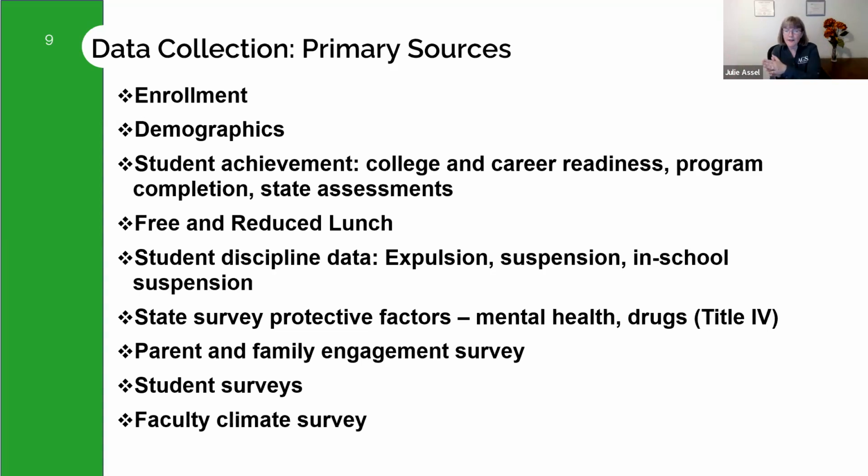which is one of the reasons it's so important to talk about data now, because if you have a grant that's coming out in April and you're looking at it then, to a certain degree, that's almost too late because you're busy with testing and the end of the school year.